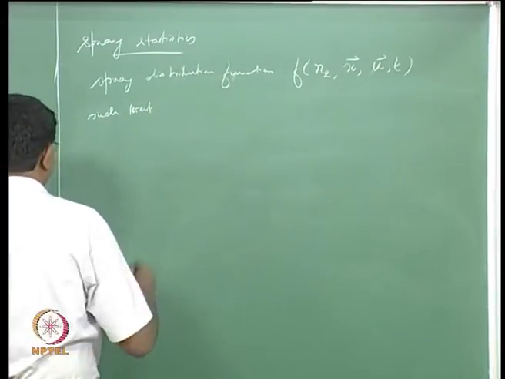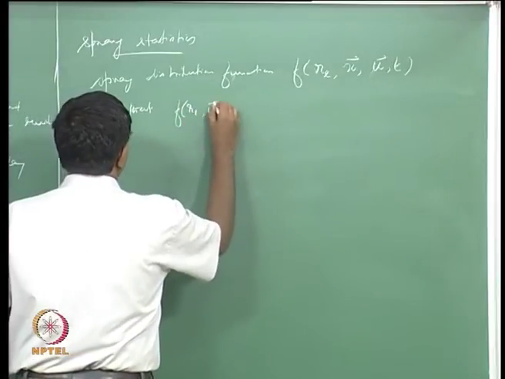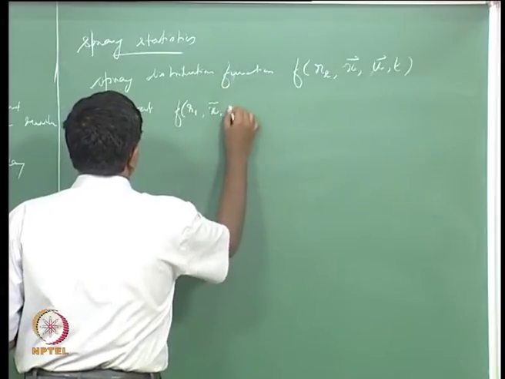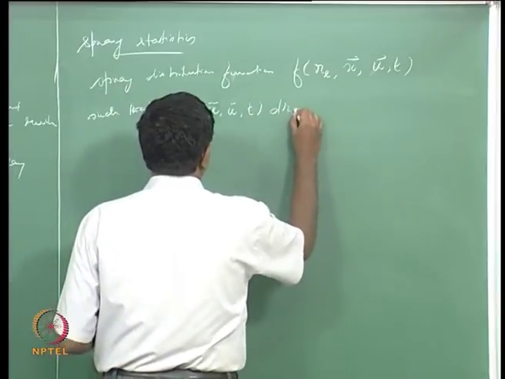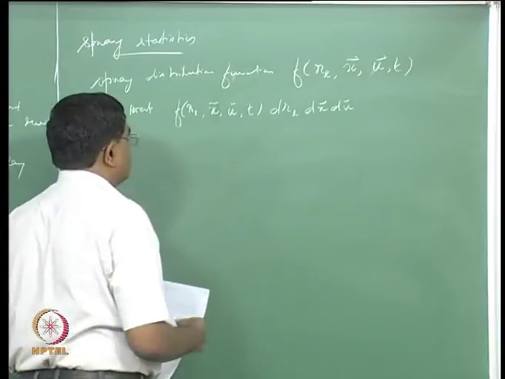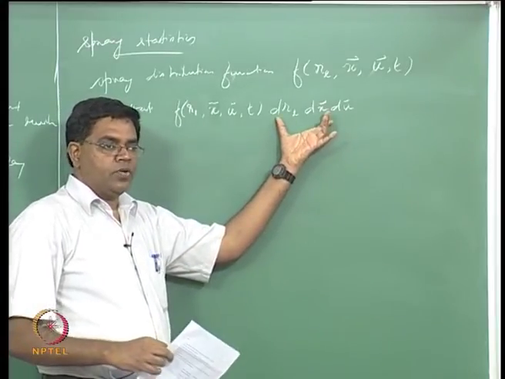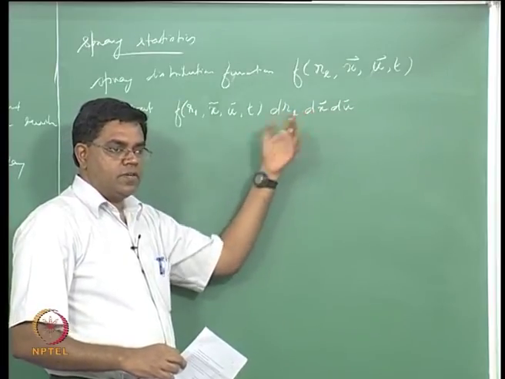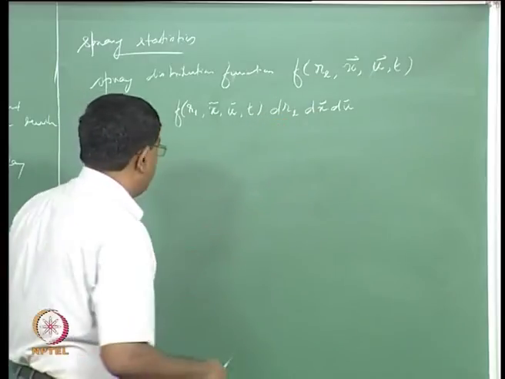That means f of r_L, x, u, and t, dr_L dx vector du vector. So this is basically a 7-dimensional space in 3D, right? So you have 3 components of velocity and 3 directions of location, and then the radius.